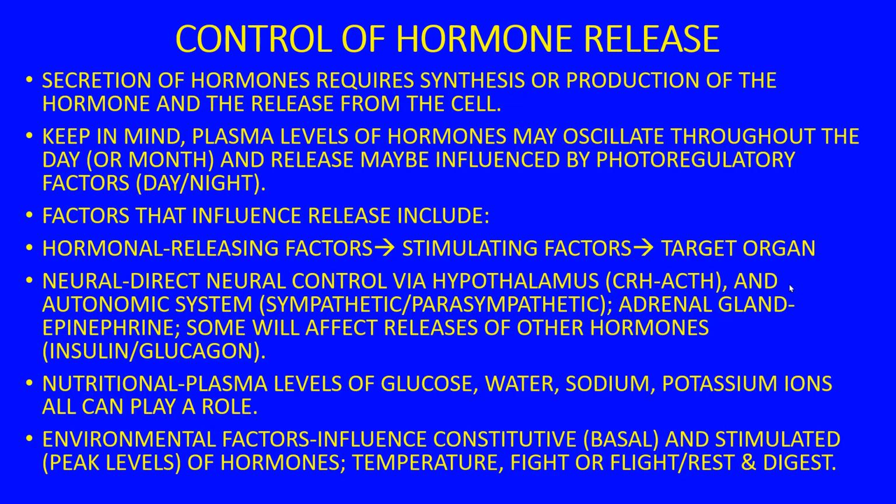Okay, so we've got a binding here, and what happens is just one binding is going to trigger more receptors being made, and even more receptors made because there's not enough hormone receptor binding that's occurring. So the cell will regulate itself and increase the number of receptors to grab further hormone molecules.